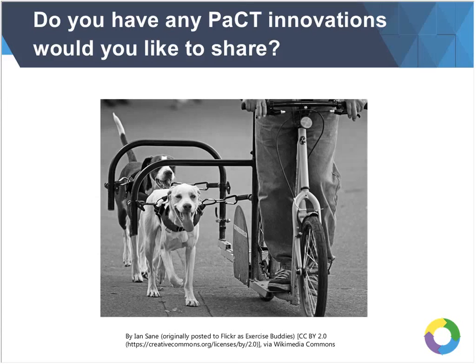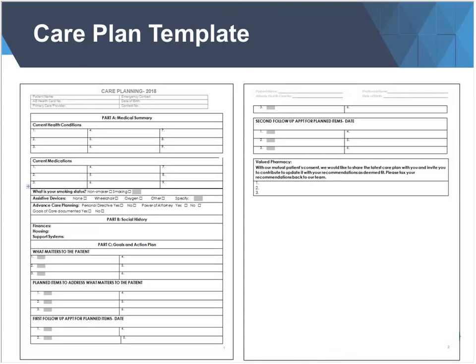Great, thank you. Are there any questions or anything that anyone would like to add around PaCT innovations they'd like to share? Just a quick something I want to say about the template thing that Kim was talking about. Thanks very much, Kim. That's the next one we're working on now.